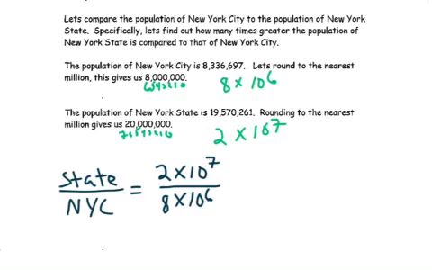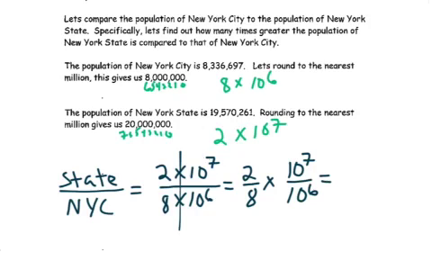Now, because of the properties of multiplication, I can split these things up, since all we're doing here is multiplying, and you'll see what I mean in a second. So I'm going to rewrite this as 2 over 8 times 10 to the 7th divided by 10 to the 6th. And because we're multiplying, that allows us to do that.